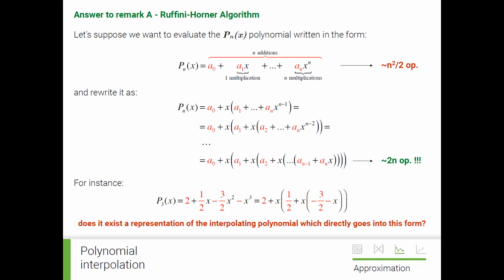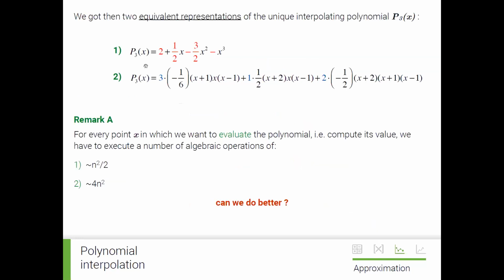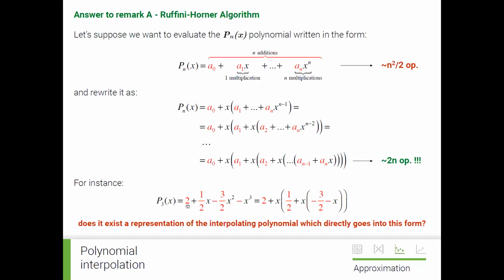So, for example, our previous polynomial P3 of x, which we got using the Vandermonde matrix, now we can write in this form also. So 2 plus x times, factor out x, and again factor out x, and we obtain this expression.